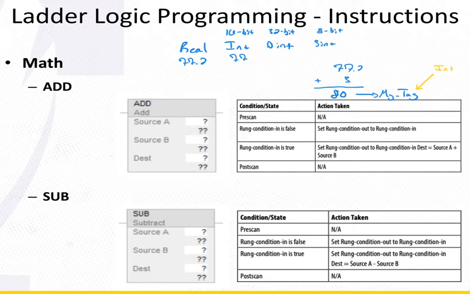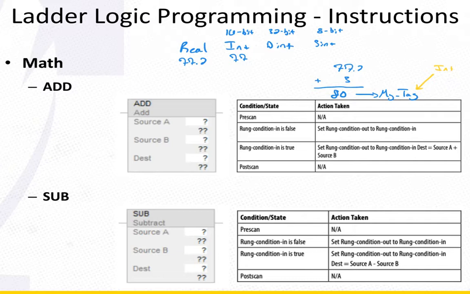So the destination type can cause truncation if you're not careful. So if decimals are important to you, make sure you use reals for all your tag data types. If decimals aren't important to you, then you can get away with just using dint or int as your data type.